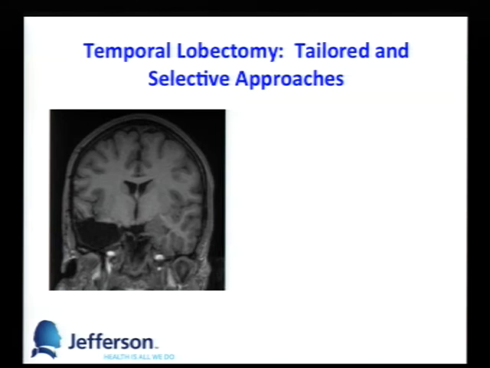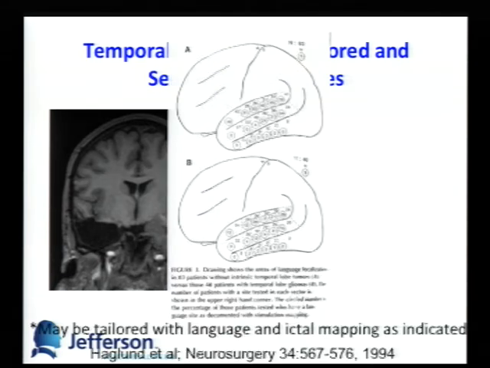So I'm giving you just a little history, standard ATL approaches, and the issues come back from a lot of literature when we did a lot of brain mapping on memory and language and saw that there's a massive amount of variation. This is a paper by Haglund and Ojemann's group, talking about what percentage of patients have reorganization of language function in their temporal lobe.